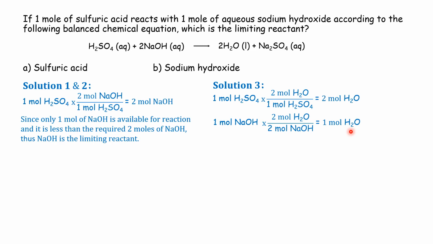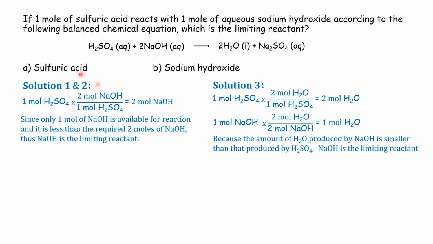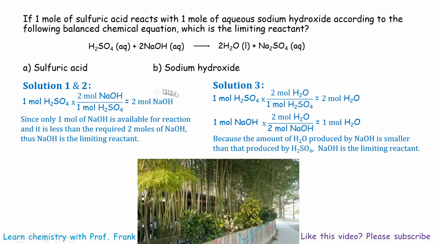So all 3 solutions have the same result. But solution 1, what I talked about verbally, I didn't do any calculation, but it gets the job done. Then solution 2, you do 1 step, just 1 calculation, and you get the job done. Solution 3, that's the most commonly used solution.